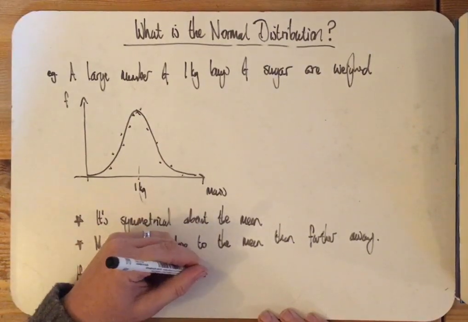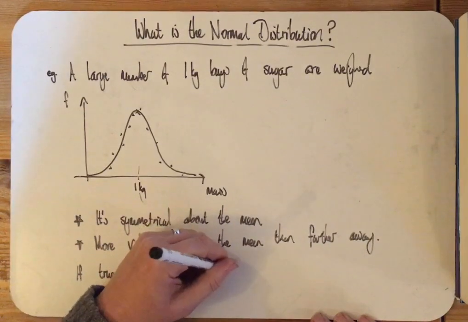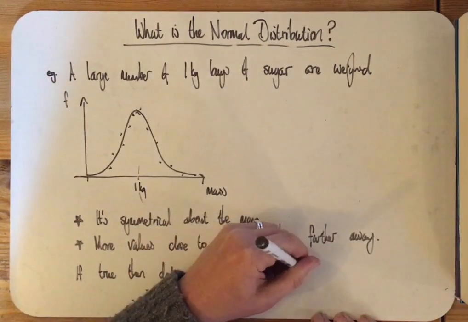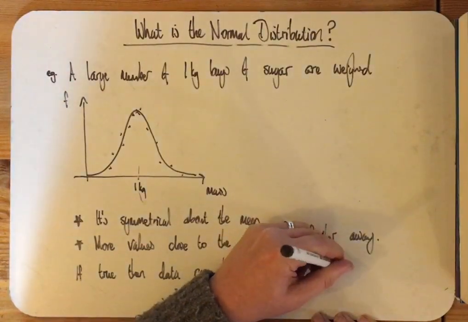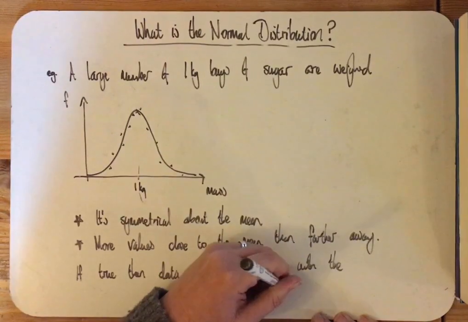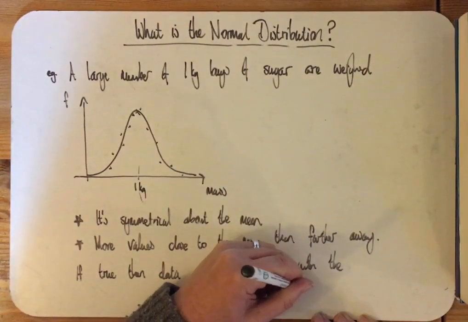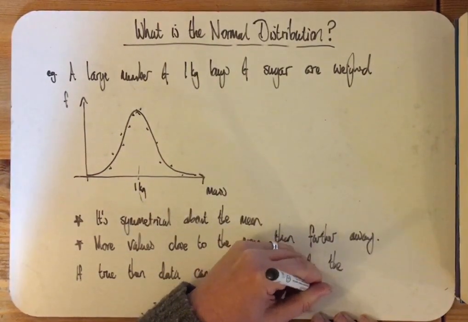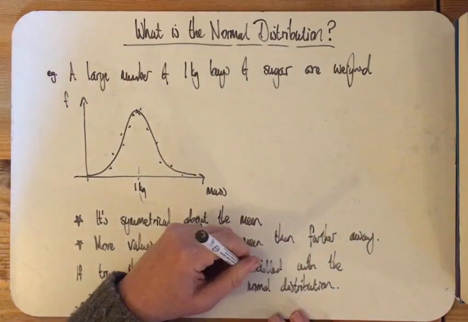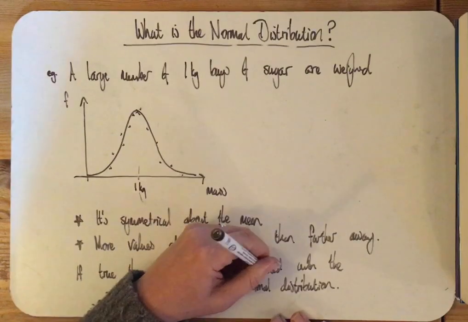So we're modelling with these distributions. This pen is finally running out. It's been going for ages. So hopefully that's clear. Sorry, smudging.